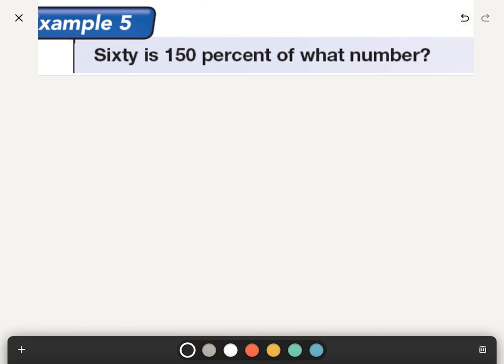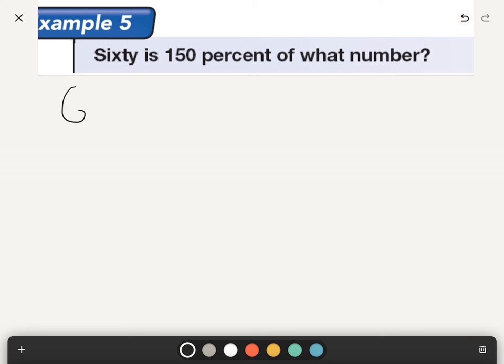All right, last one! 60 is 150% of what number? Convert our sentence into an equation and solve. Remember what our is and what and of mean.